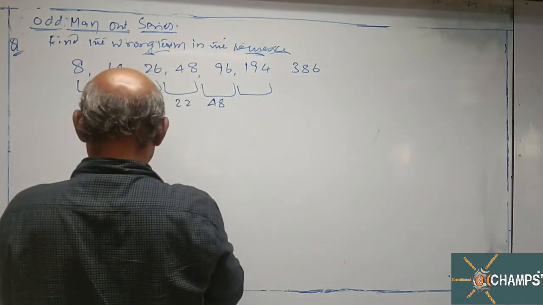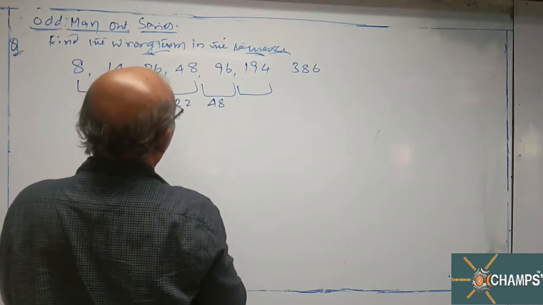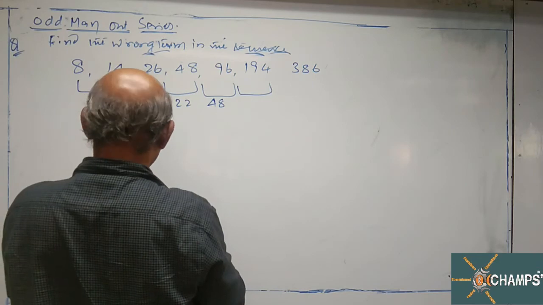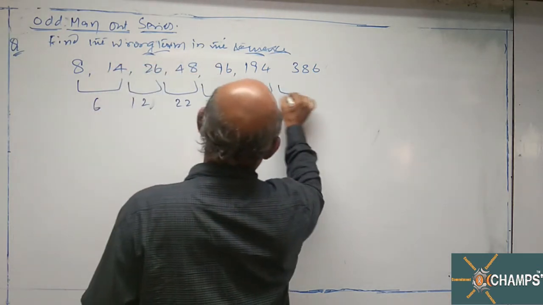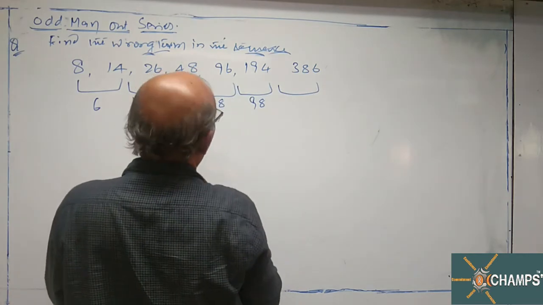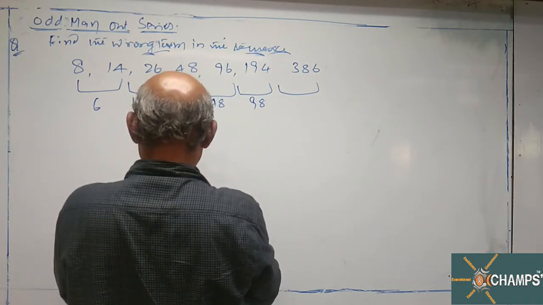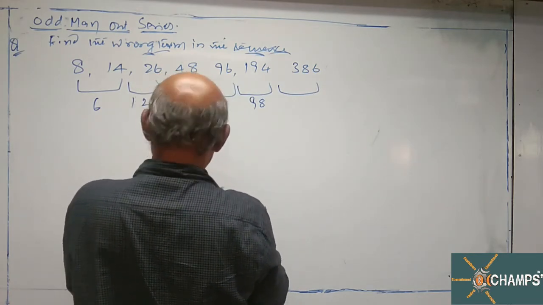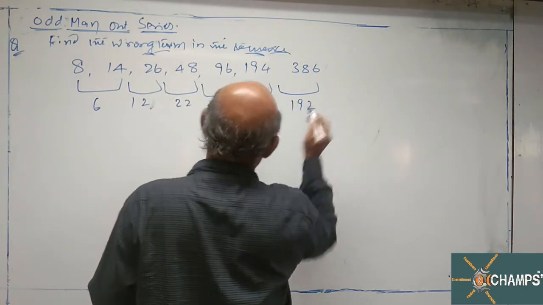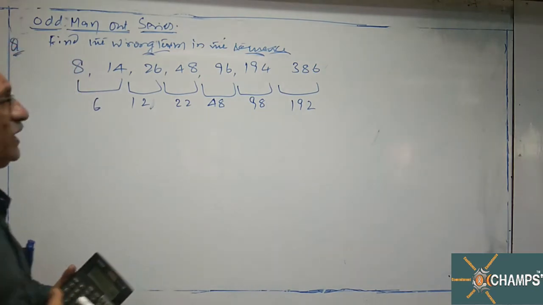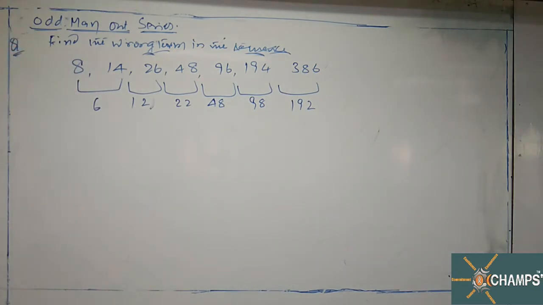Then 194 minus 96 is 98. 386 minus 194, 192. This way the difference is going on.